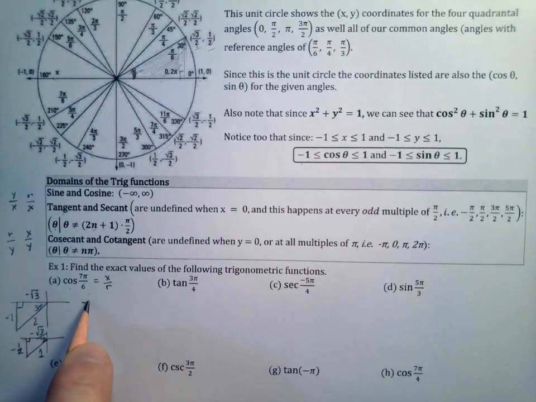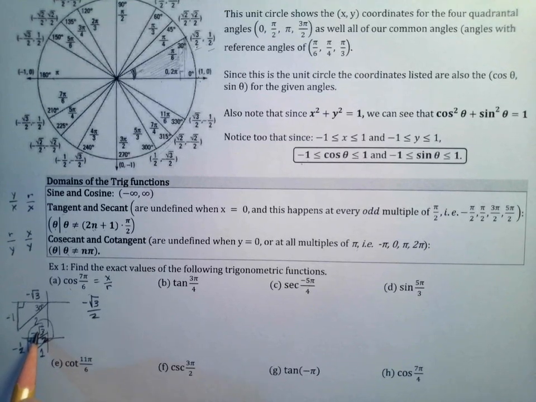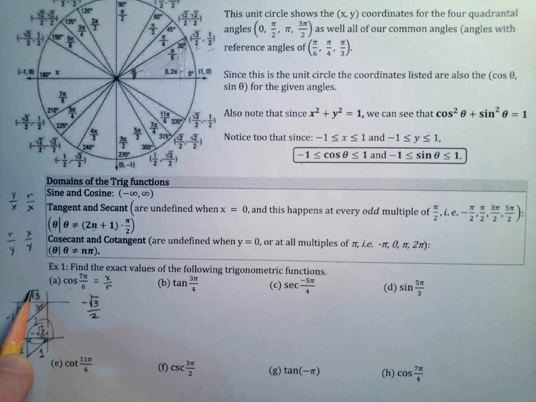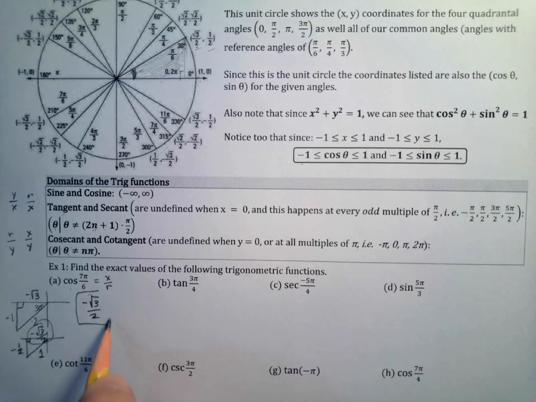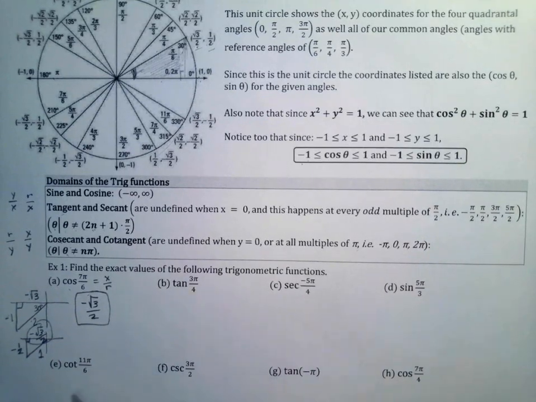So either way, it's negative square root of 3 over 2, which I would get directly from just the x value if I was on the unit circle, or negative square root of 3, which is the x, divided by 2, which is the r. So it doesn't matter, as far as I'm concerned, whether you're using the unit circle or not.